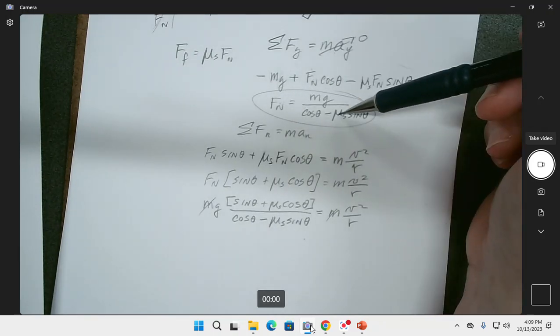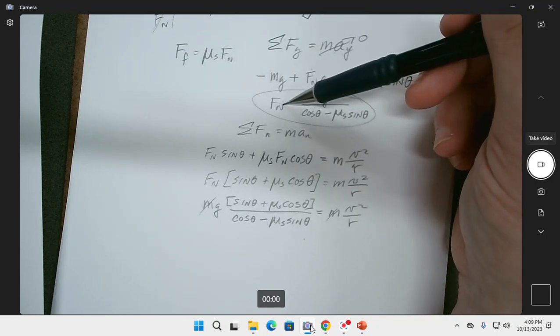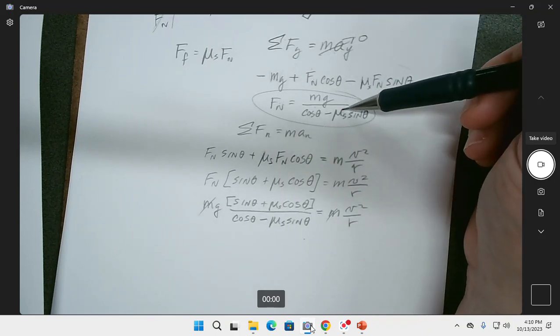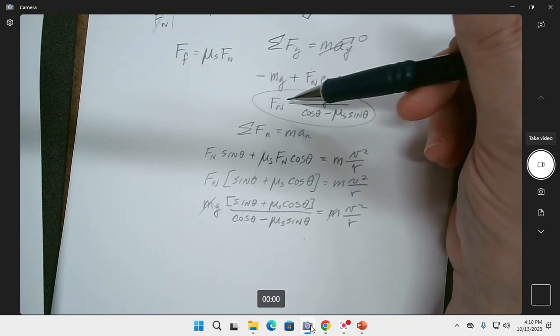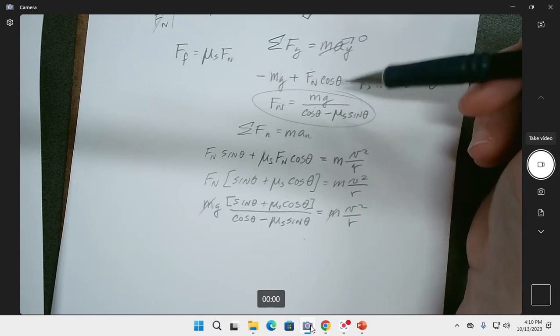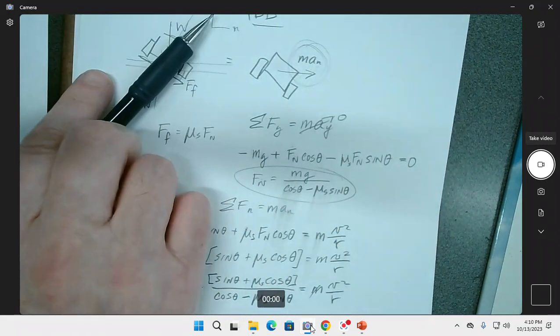With a normal force, I don't understand why the normal force wouldn't just be mg cosine theta. Well, for one thing, you have to separate out the trig normal force. And it's also because of the nature of the car: this is going towards the center right here, and this thing is on a plane.